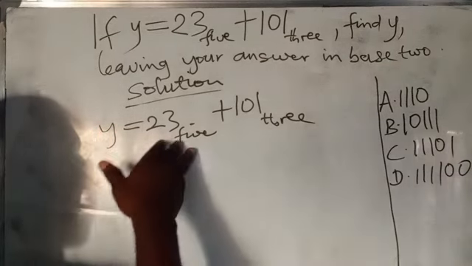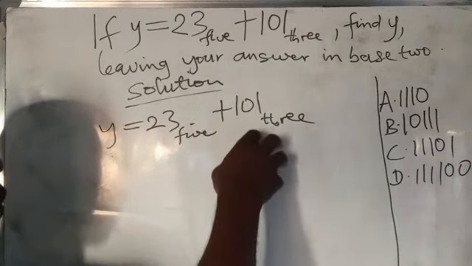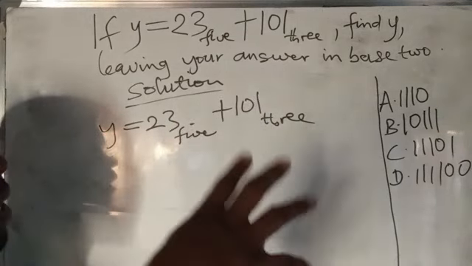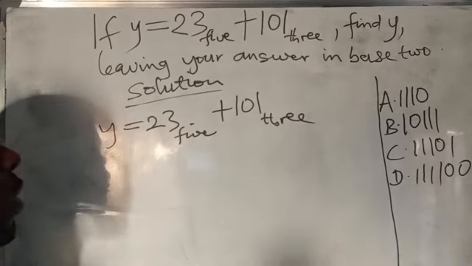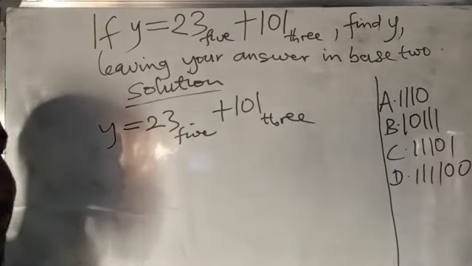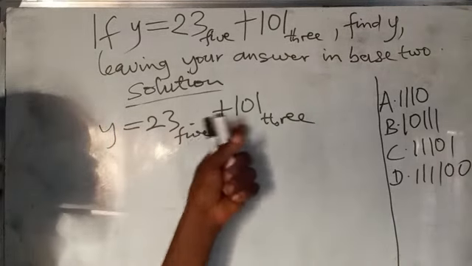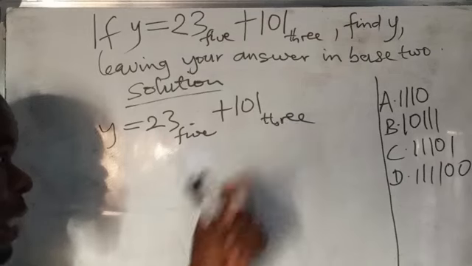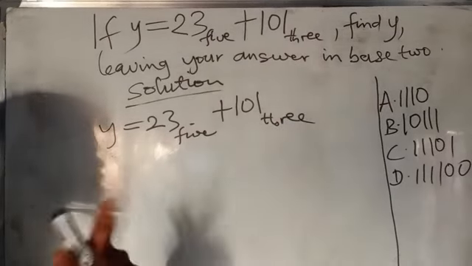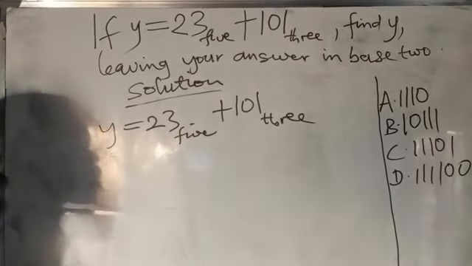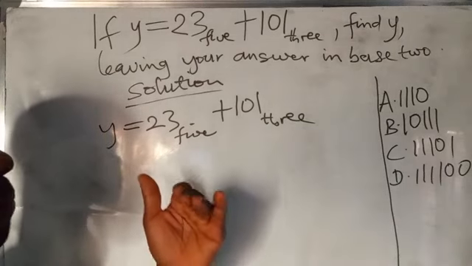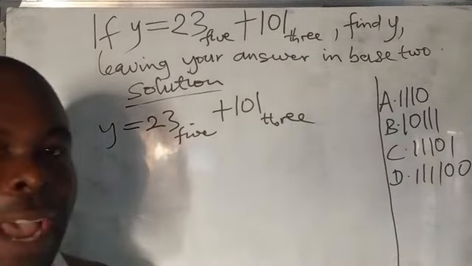It's either we are adding base 5 and base 5, or base 3 and base 3, but we don't add different bases. It is not possible. So we have to convert the two bases, base 5 and base 3, to base 10, which is common to all of them.